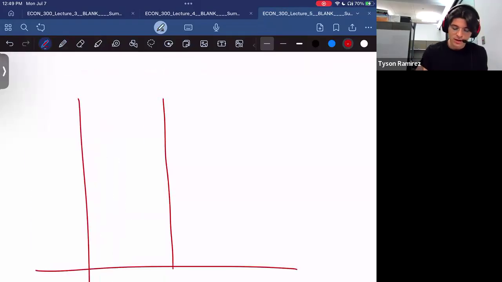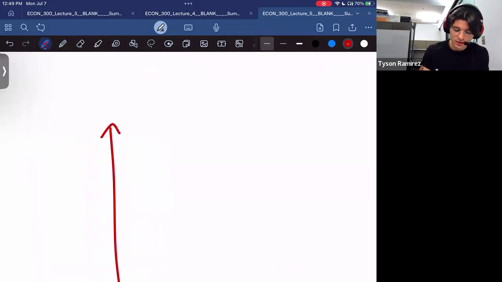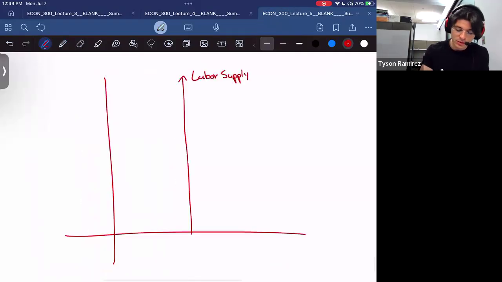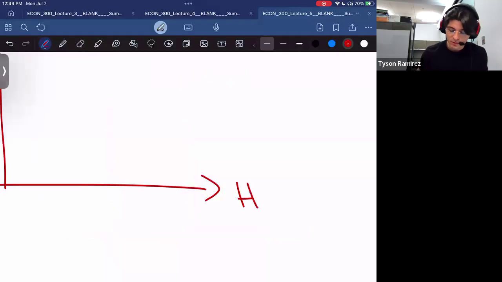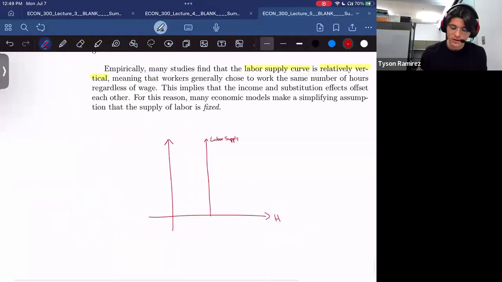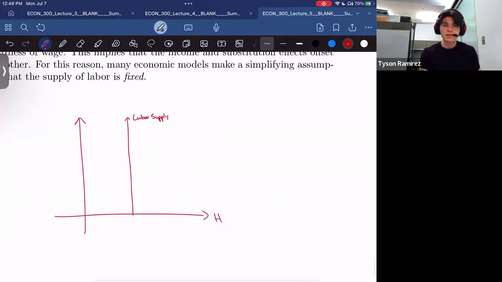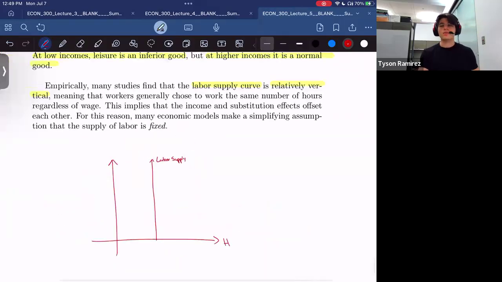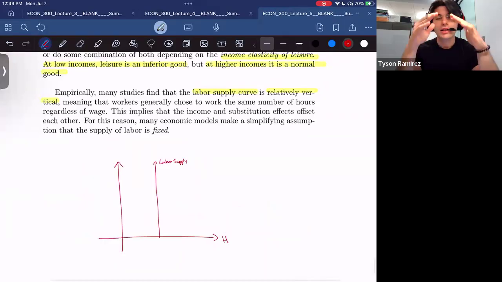What this means is that the number of hours worked doesn't really change with income, with how much you're getting paid.